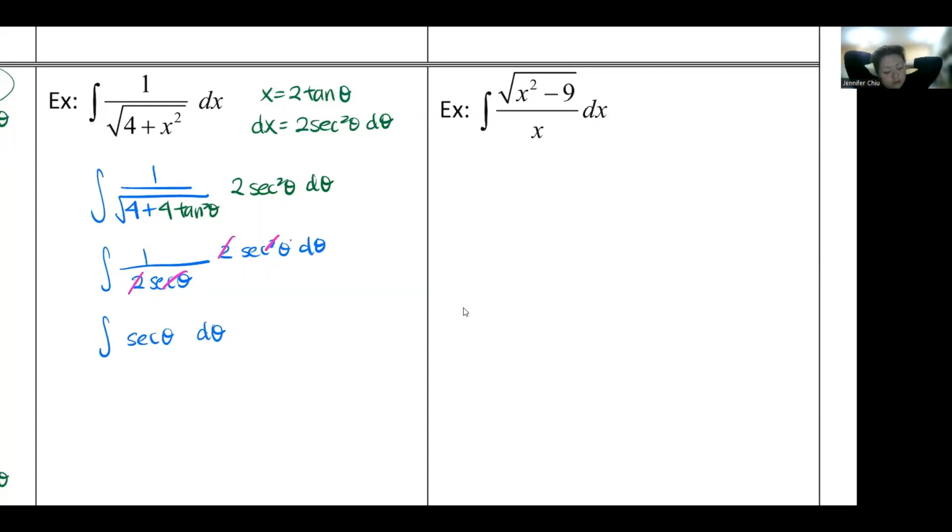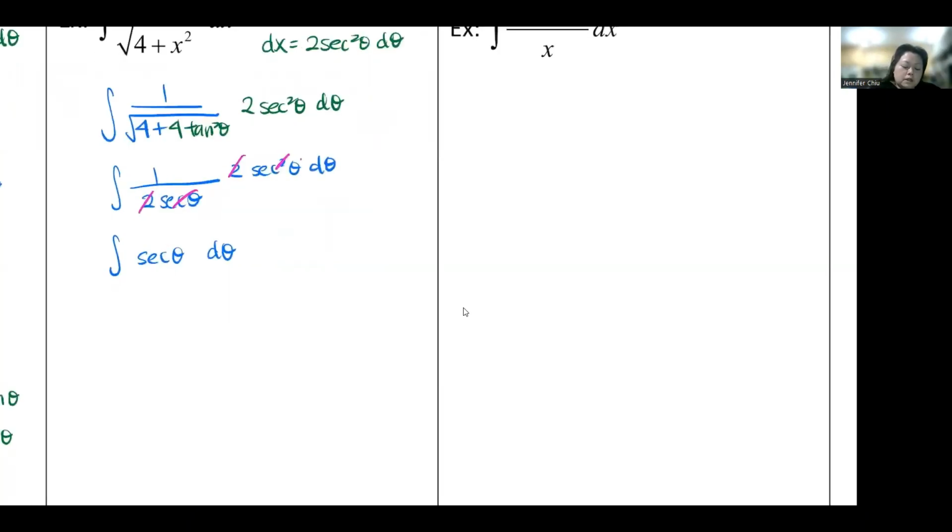So you can remind yourself of a trick, or you can memorize this. But the trick is to multiply top and bottom by secant plus tangent over secant plus tangent. So you can set up the u substitution with the denominator, and then it becomes du over u, which then makes this integral natural log of secant theta plus tangent theta plus c.